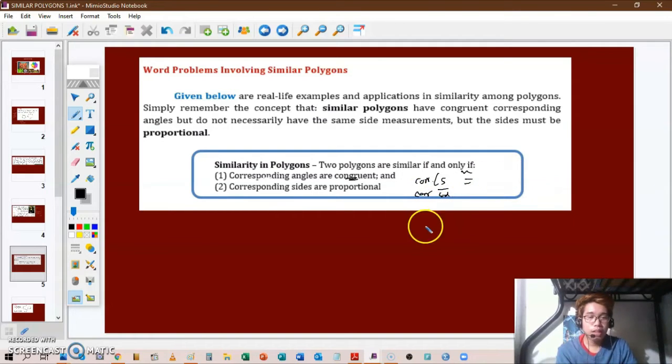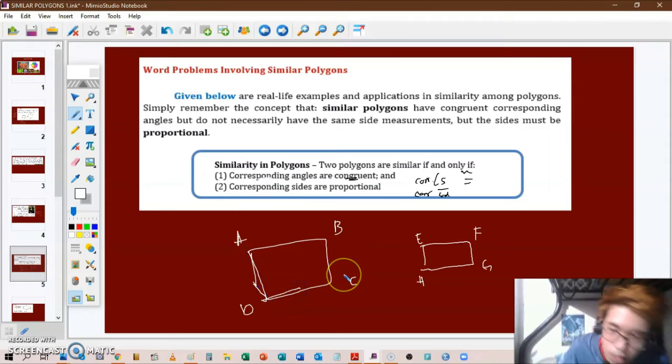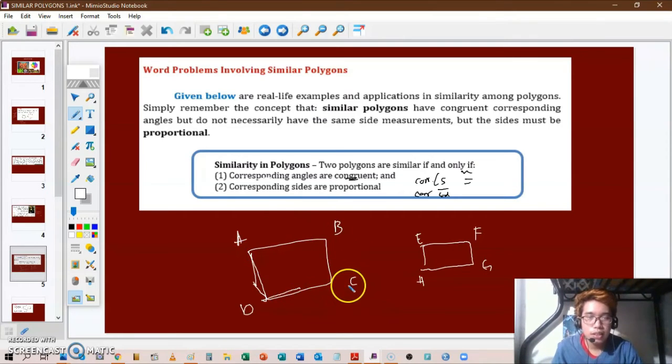So that means, for example, we have here square ABCD, and we have here a smaller square EFGH. Okay, so let's say they're rectangles. Let's say rectangle ABCD and rectangle EFGH.